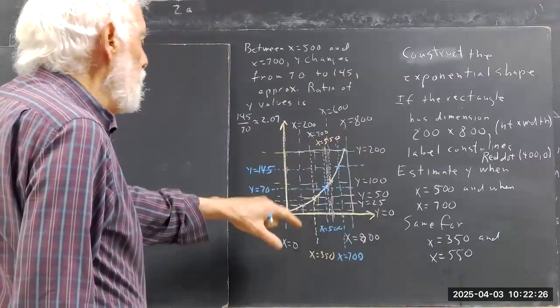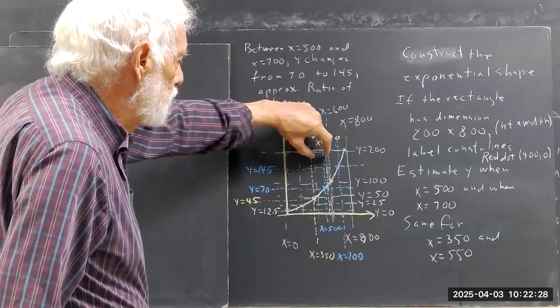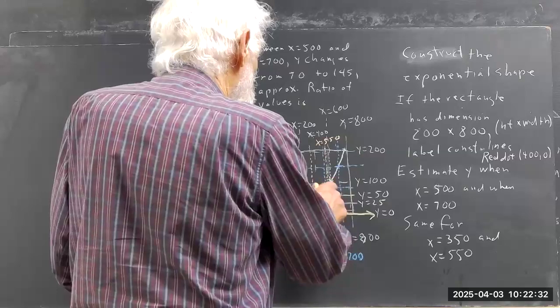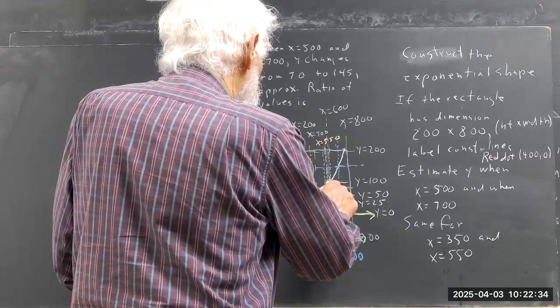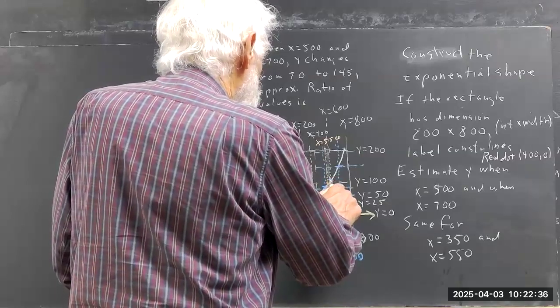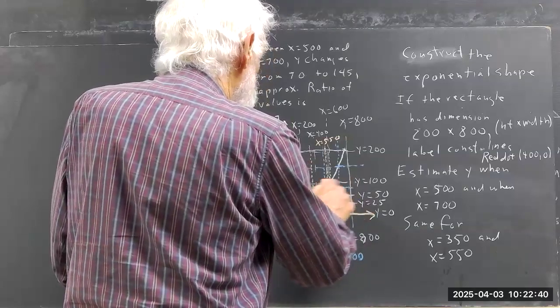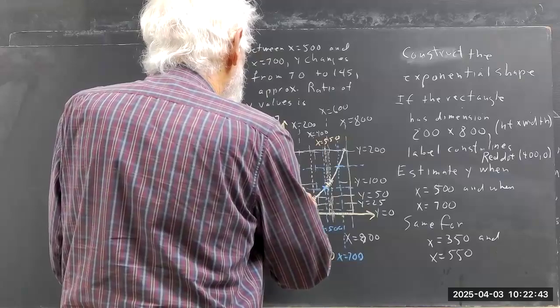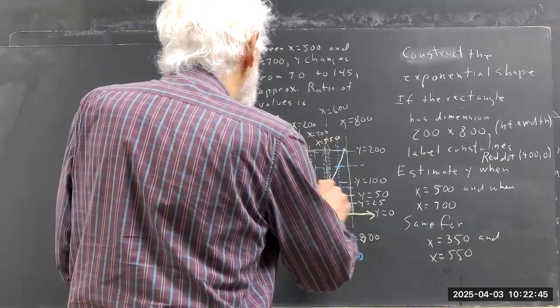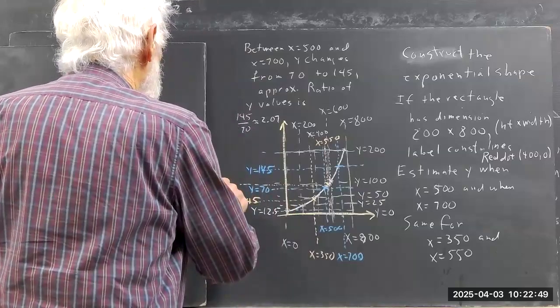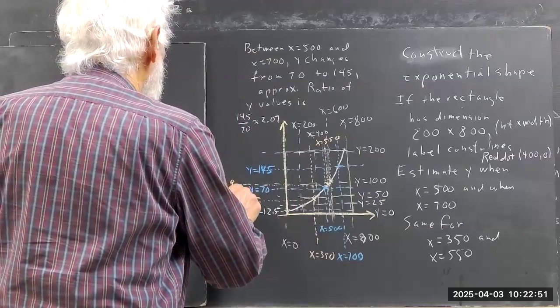It's a little hard to read, but there are two lines for 350 and 550. It appears that the y coordinate, where we cross the graph here, say y is about 95.